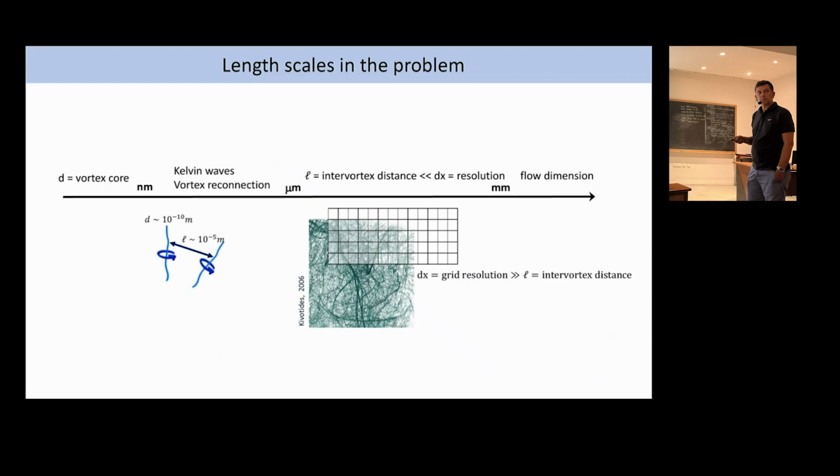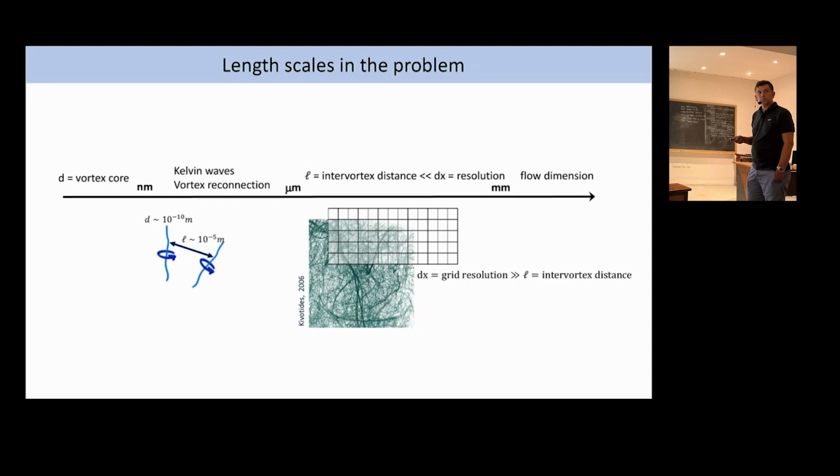Just to give you a rough idea of the length scales in the problem. The core of the quantized vortices of the superfluid component is typically of the order of the angstrom. These vortices undergo Kelvin waves and vortex reconnections, processes at scales between typically the nanometer and the micrometer.